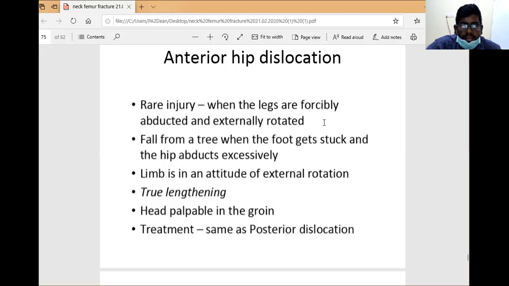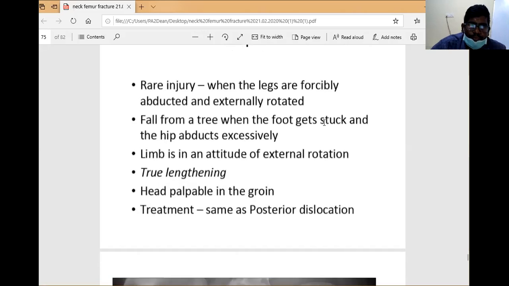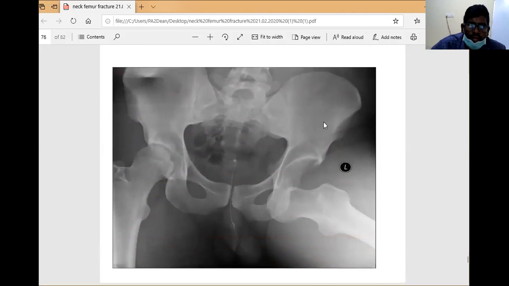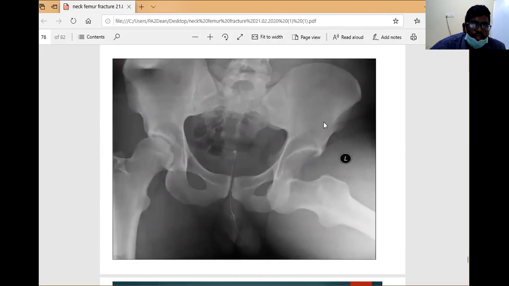It typically occurs in a fall from a height when the foot gets stuck and the hip abducts excessively. So the limb is in external rotation. There may be true lengthening, and the head may be palpable in the groin. This is a radiograph showing anterior dislocation of the hip. The head is anterior and inferior to the acetabulum, in an abducted position.